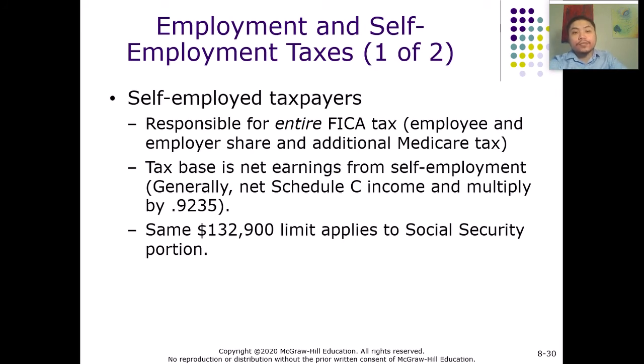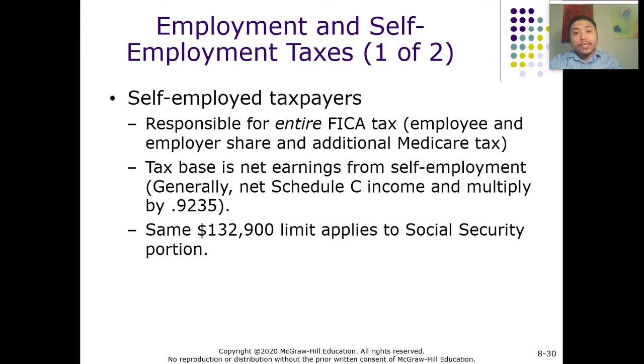0.9235, right? So to calculate the tax base for the FICA tax, we take the net earnings of the self-employed taxpayers times 0.9235. And then after that, we can follow the same steps to calculate the FICA taxes for the person.